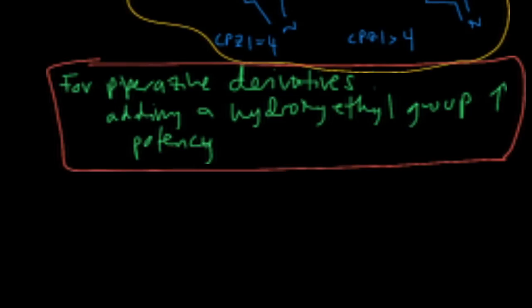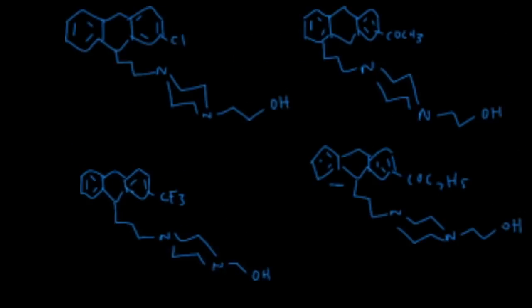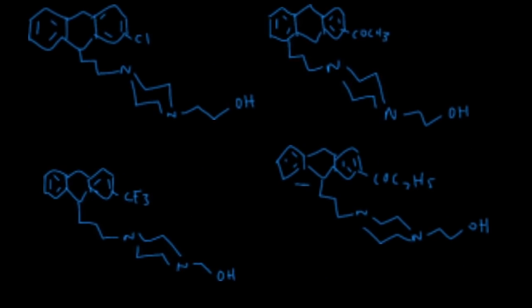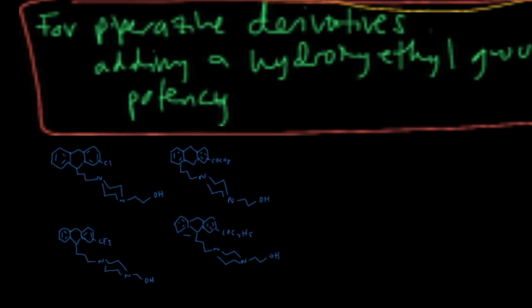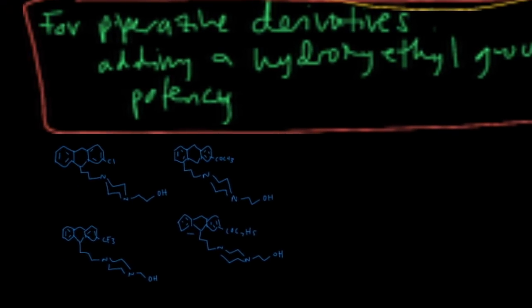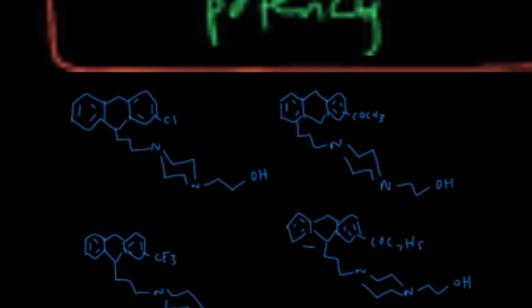Okay, so let's look at this. I said earlier that for piperazine derivatives, adding a hydroxyethyl group increases potency. So what a hydroxyethyl group is, is this group right here. It's called a hydroxyethyl because you have your hydroxy group and your ethyl group. Ethyls are 2 carbons, carbon 1, carbon 2.